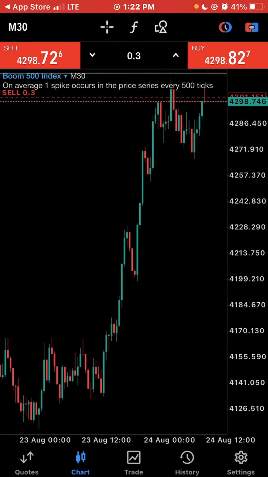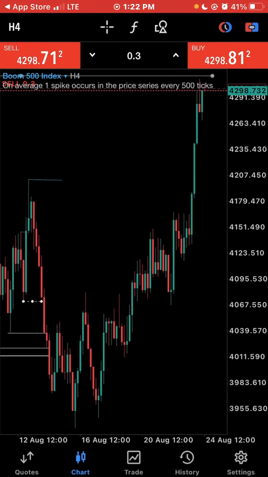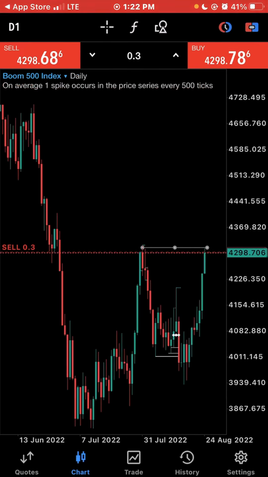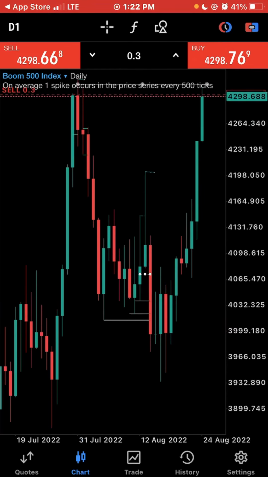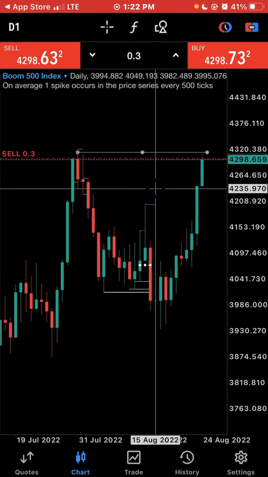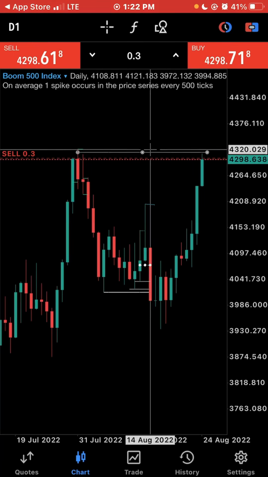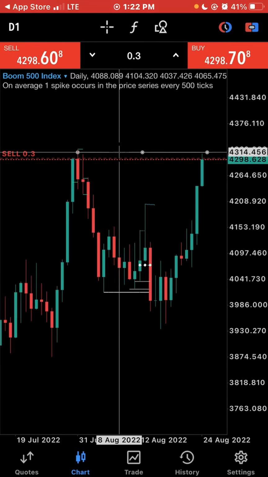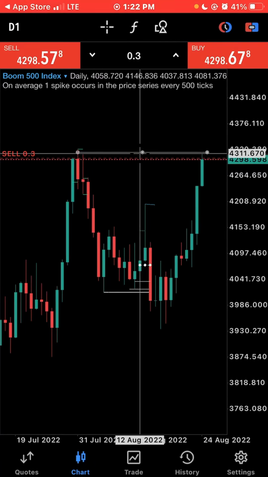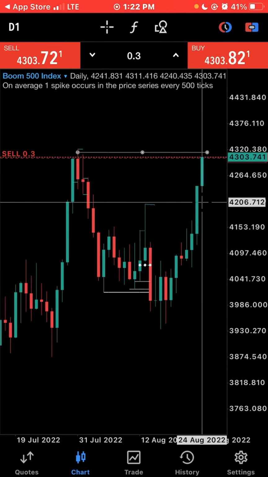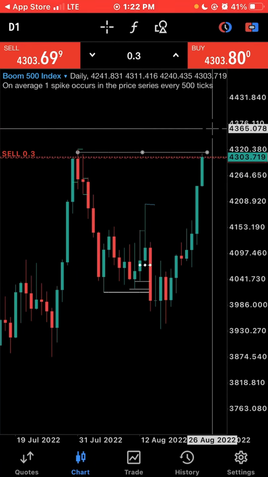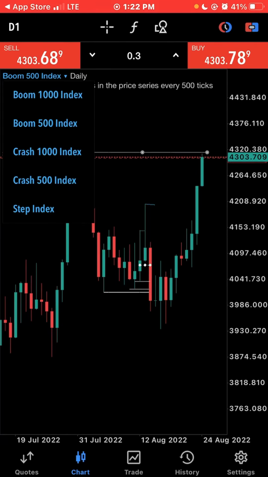Number one, the first reason why I took the trade is because price has already got into this resistance zone here. This rectangle I marked here, it has already got into that zone. So there's a zone that is supporting, giving me more confidence to take this trade. So I'll be taking this sell to somewhere around here or lower. So that's how I'm going to take this trade.